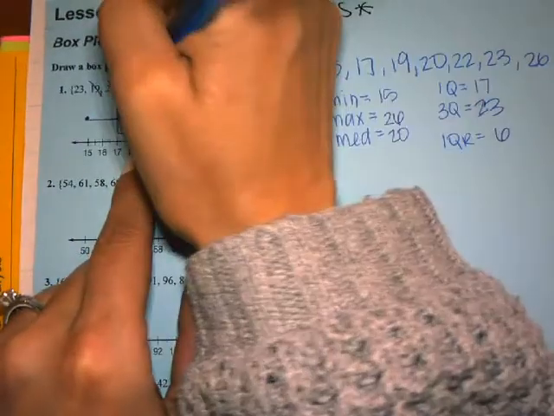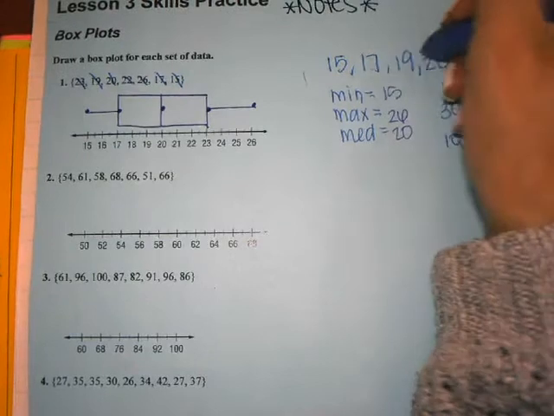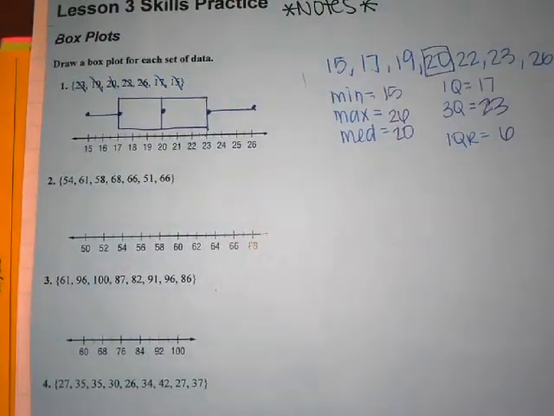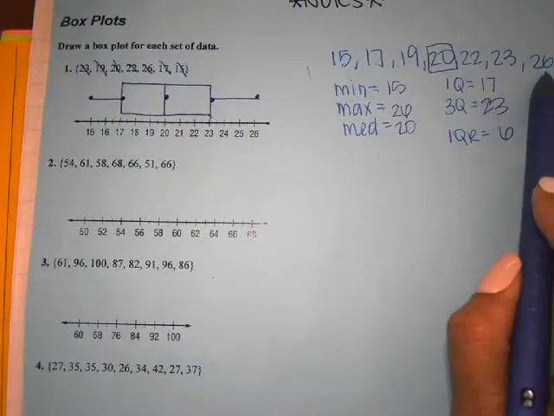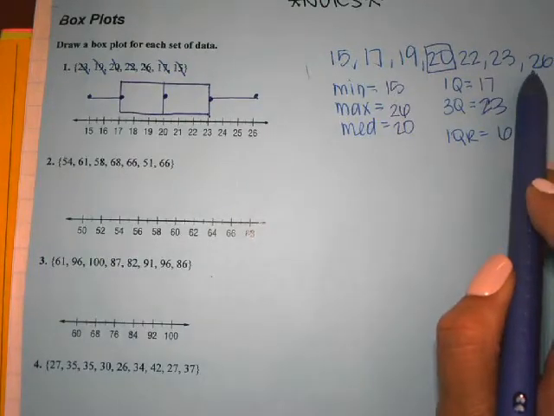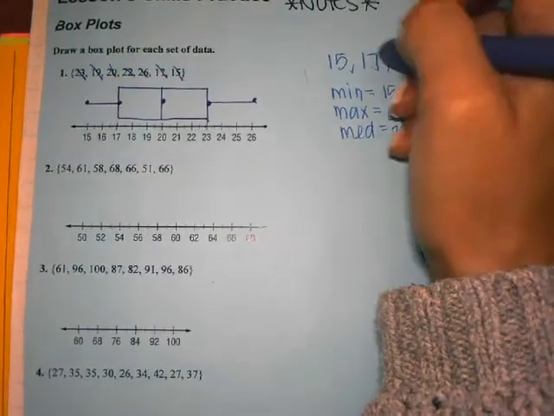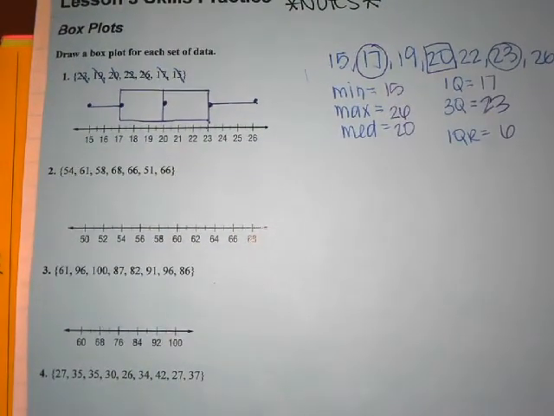So when we find the median is 20, you box in the median. So then you have 3 numbers below and 3 numbers above. You don't count the median as part of your lower and your upper quartiles. So then the middle number of the lower set is 17 and the middle number of the upper set is 23. Does that make sense, boys? That's what we did wrong. Okay, good question.